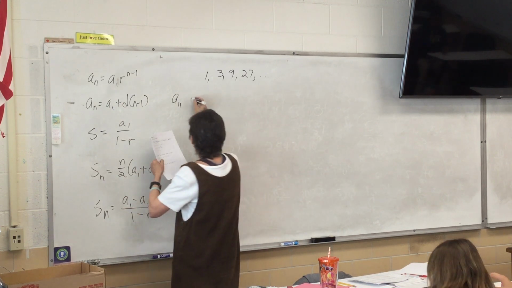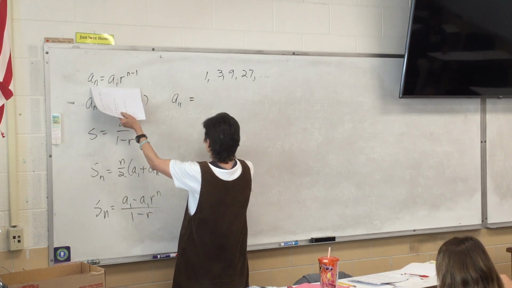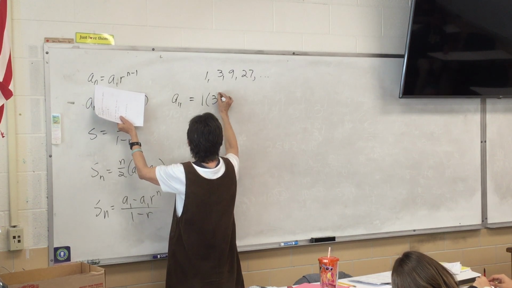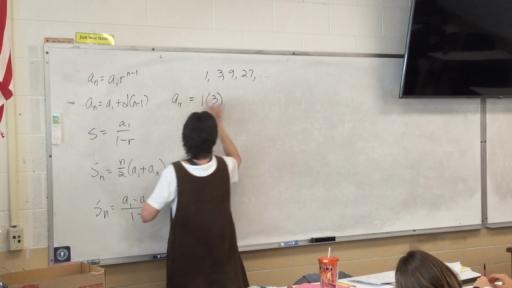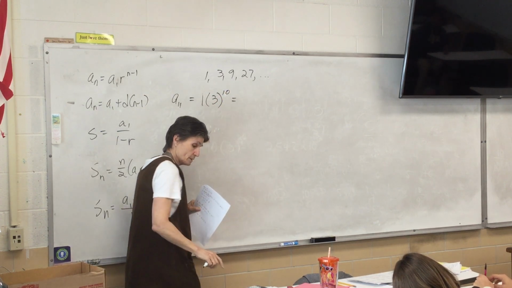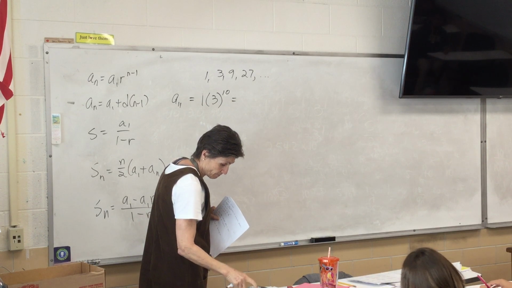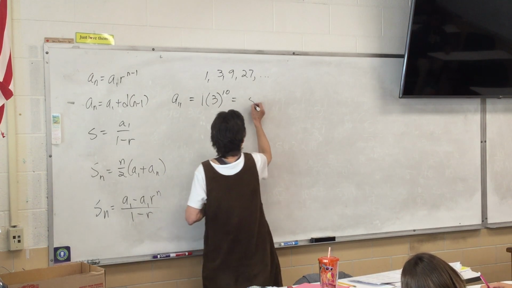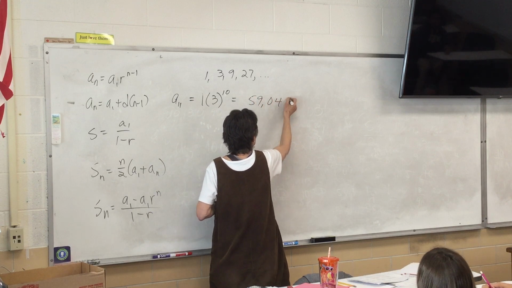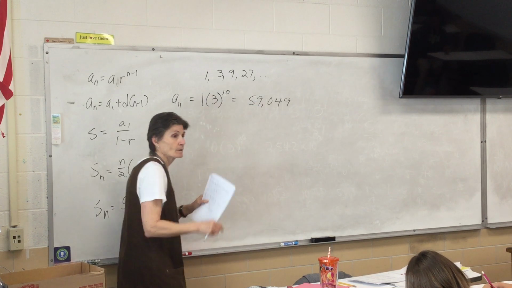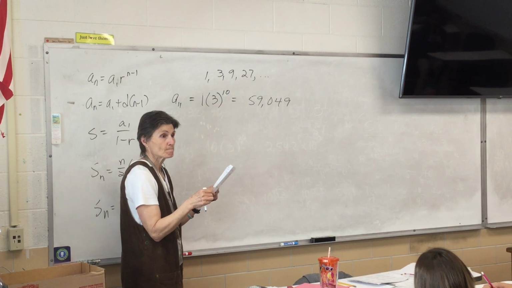So the 11th term will be the first term times the common ratio to what power? 10. So 1 times 3 to the 10th is 59,049. Okay with that, everyone?